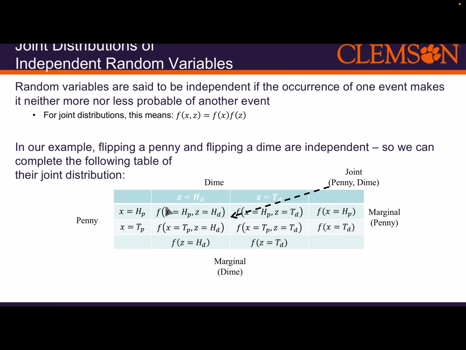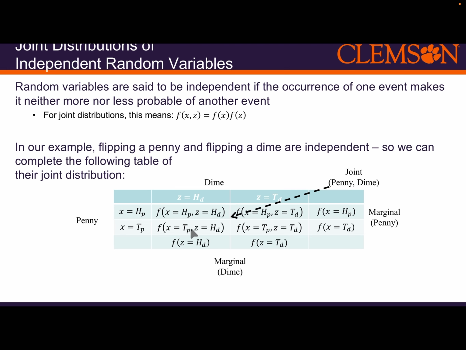And then for any given cell that's in the middle, that's our joint distribution. This part that I'm wiggling the mouse over is the distribution where we'd say a head landed for penny, a head landed for dime. And because we know them to be independent, we can take the marginal, 0.5 for head for dime, and multiply it by the marginal, 0.5 for head for penny, and we get 0.25 in this spot.